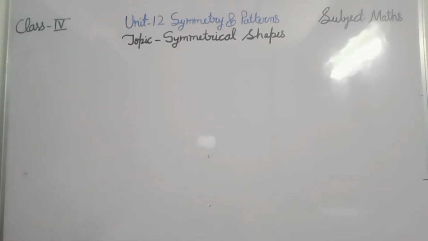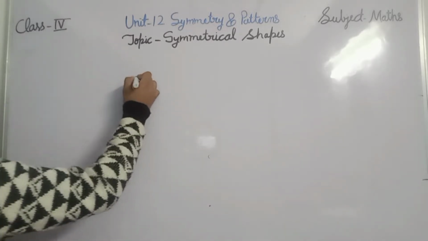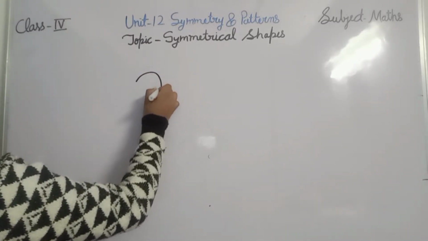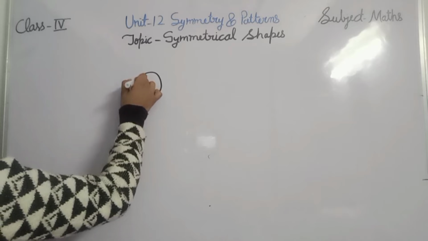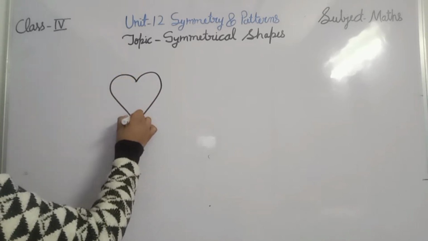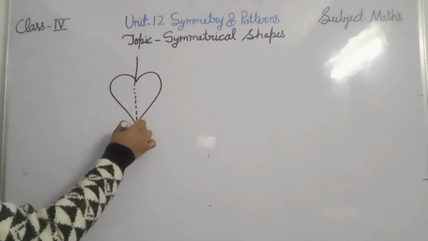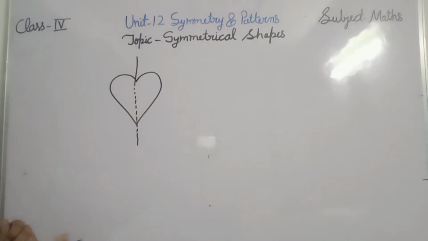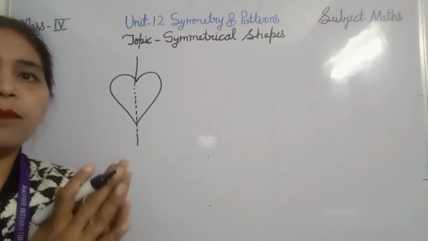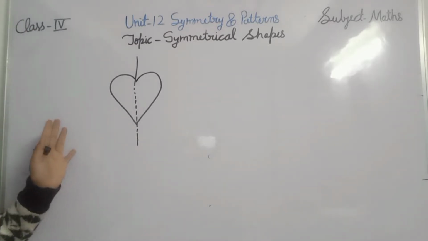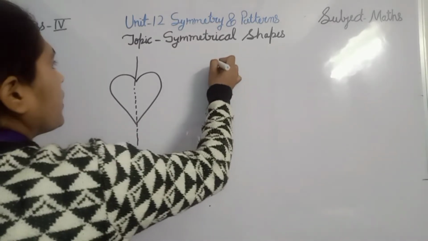For example, I am making a few symmetrical shapes here. If you fold this shape from this line, you will get the same part. So this is a symmetrical shape. One more, the leaf I am making here.